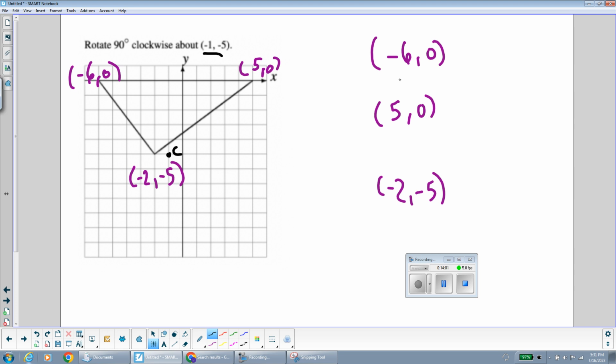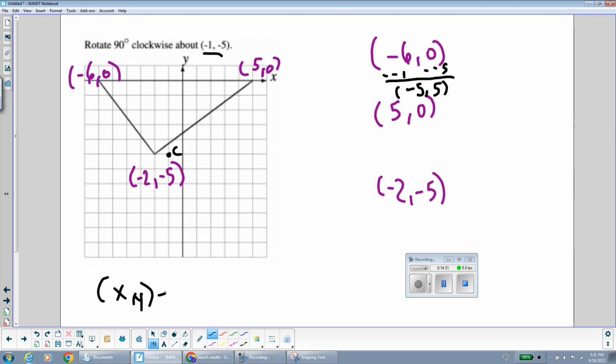So if I subtract off, so -1 minus -5 over here, -6 minus -1, that is -5, and 0 minus -5, that is +5. Now we can rotate 90 degrees clockwise. So 90 degrees clockwise is the same thing as 270 counterclockwise.